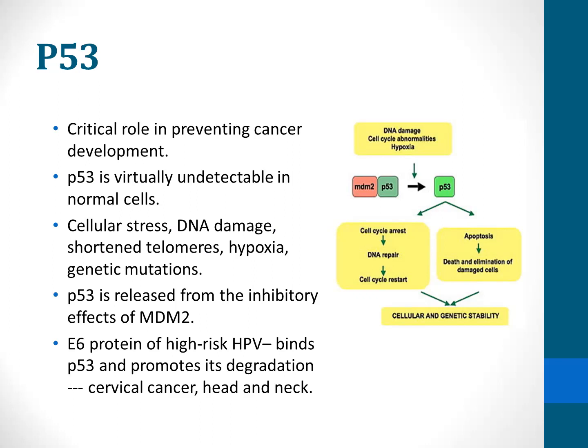The E6 protein of high-risk human papillomavirus binds P53 and promotes its degradation. So when this tumor suppressor gene is lost in the case of human papillomavirus, it can cause cervical cancer and head and neck cancer.